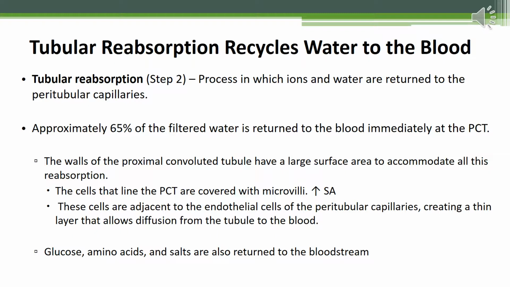And these cells which line the PCT are adjacent to the endothelial cells of the peritubular capillaries, which creates a thin layer that allows diffusion from the tubule to the blood. And of course it's preferable to have a thin layer for diffusion. In addition to returning the water to the blood, in tubular reabsorption we also return glucose, amino acids, and salts to the bloodstream.